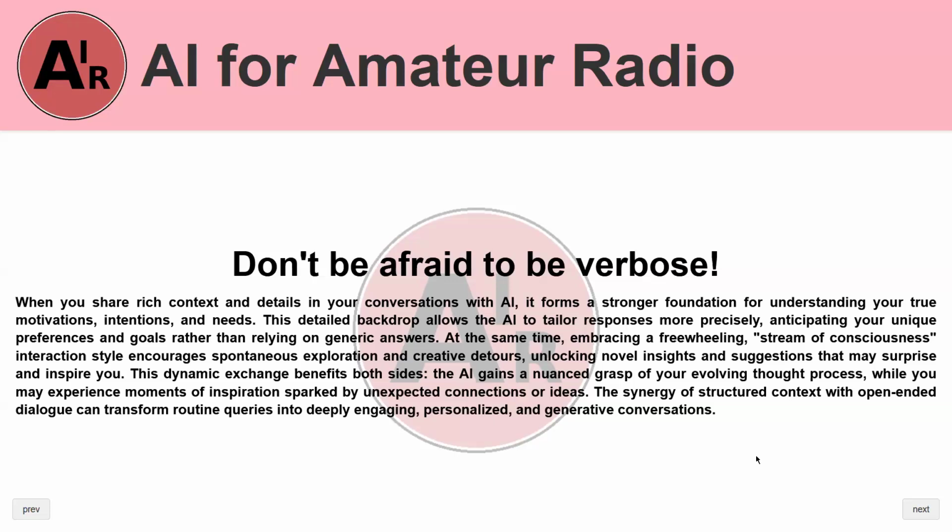This dynamic exchange benefits both sides. The AI gains a nuanced grasp of your evolving thought process, while you may experience moments of inspiration sparked by unexpected connections or ideas. The synergy of structured context with open-minded dialogue can transform routine queries into deeply engaging, personalized, and generative conversations.